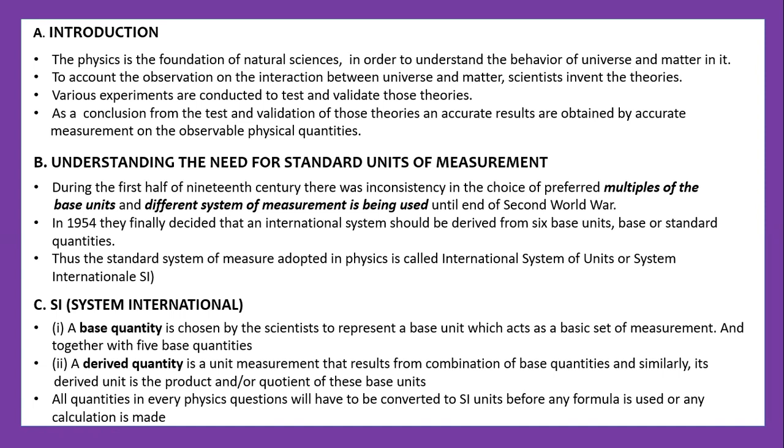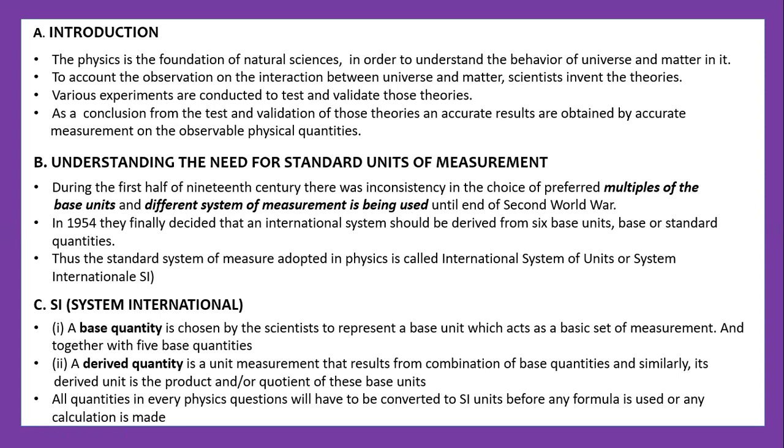The SI system is divided into several categories. One is a base quantity. What is actually a base quantity? A base quantity is chosen by scientists to represent a base unit, which acts as a basic set of measurement.